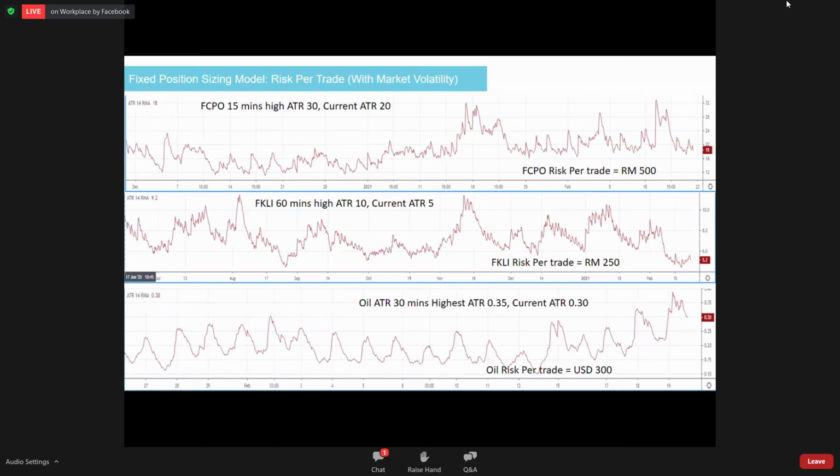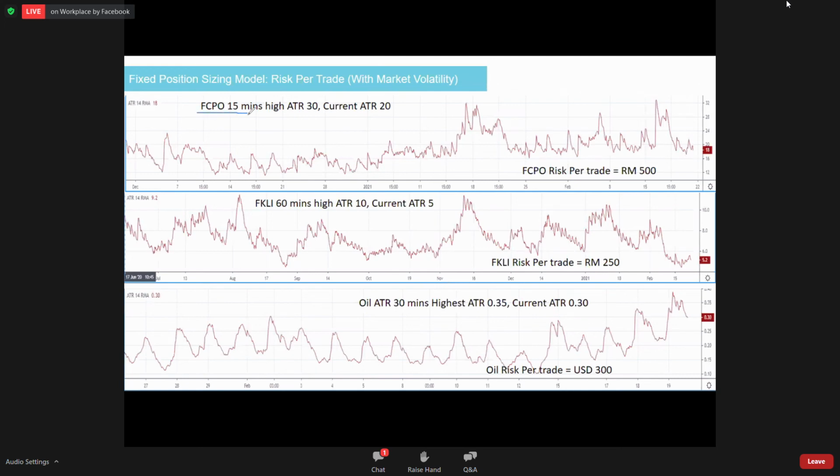Here the risk per trade follows the ATR reading. For people who don't know or are new to ATR, it means the true range of every single bar relative to the previous bar. So if you have a gap up or a big movement, definitely this indicator will rise. Let's simplify again.